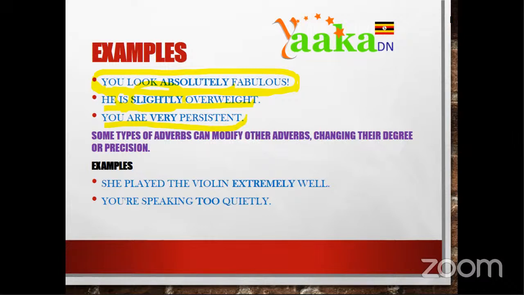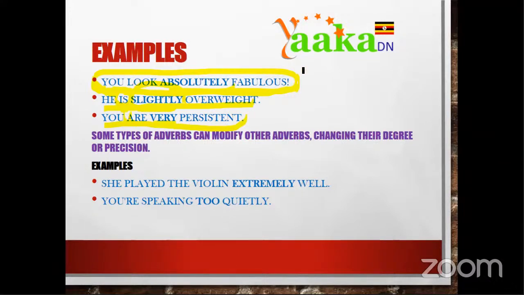Okay, thank you. The word are is a verb in this case. As I told you, is is a verb, so are also becomes a verb, and very is the adverb. Yes, Bridget and Giovanni, that is correct. Thank you. So we have these three adverbs: absolutely, slightly, and very.